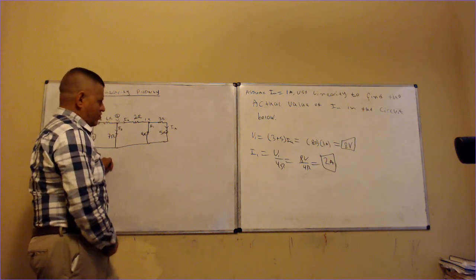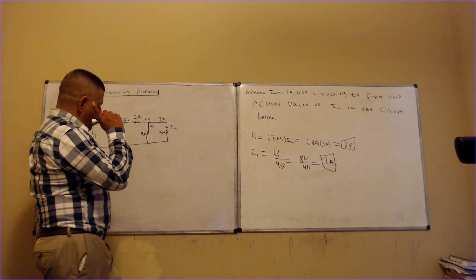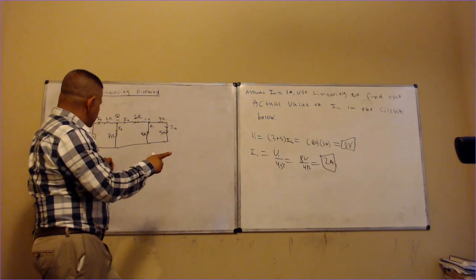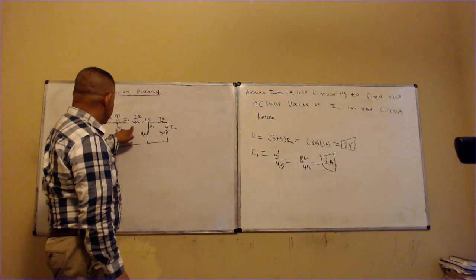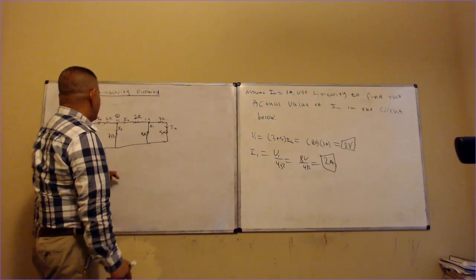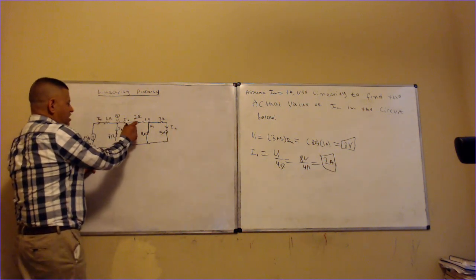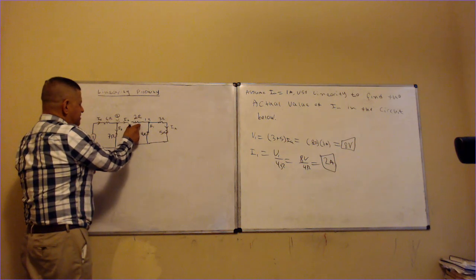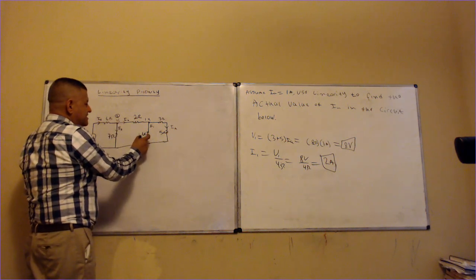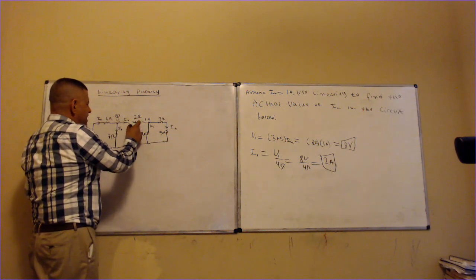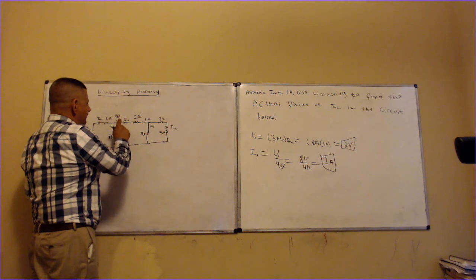What can I do with that current to find I2? Well, notice that the voltage across this guy is V2 right here.